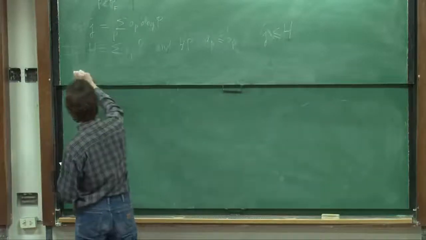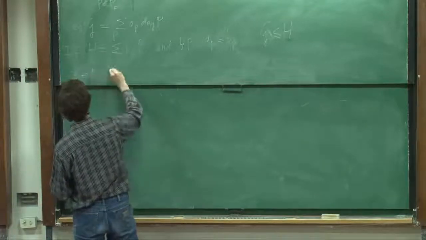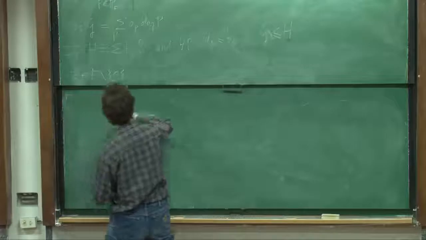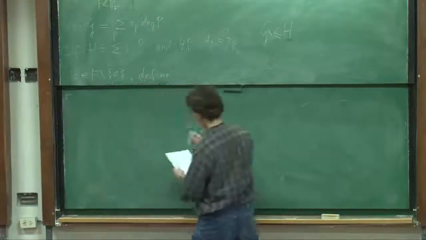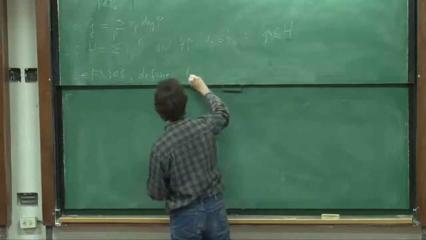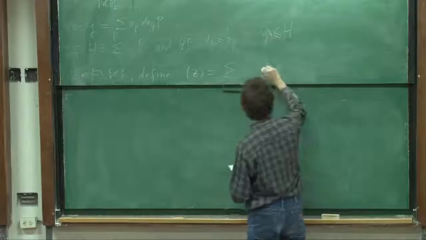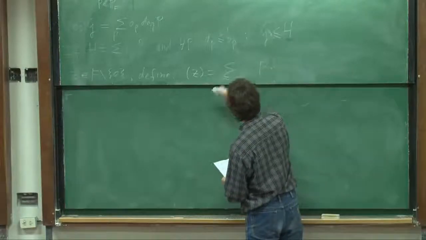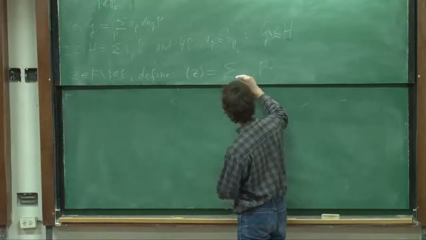So if I have a function not zero, I can define the divisor of a function by taking a formal sum of places, and somehow I need a coefficient.